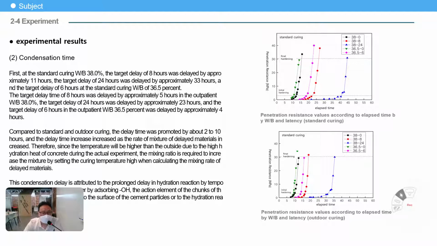Therefore, since the temperature will be higher than the outside due to the high hydration heat of the concrete during the actual experiment, the mixing ratio is required to increase the mixture by setting the curing temperature high when calculating the mixed rate of the delayed materials.